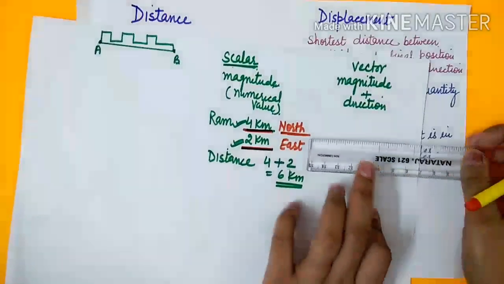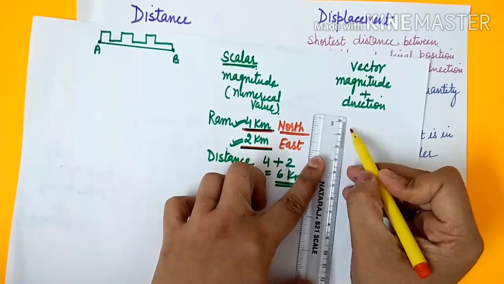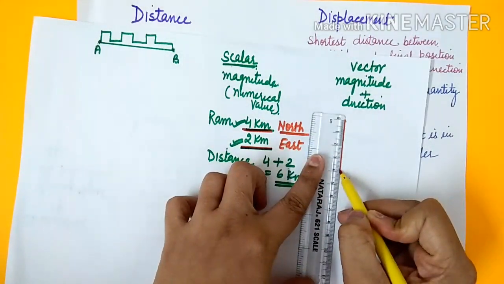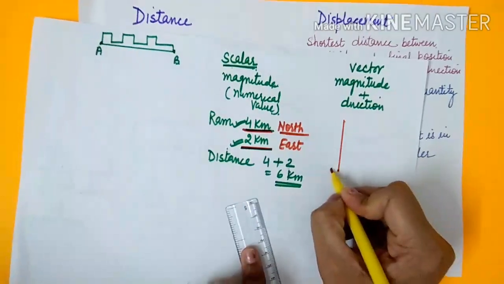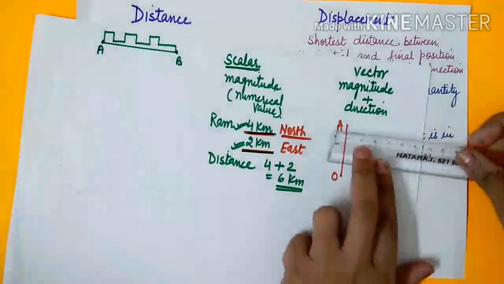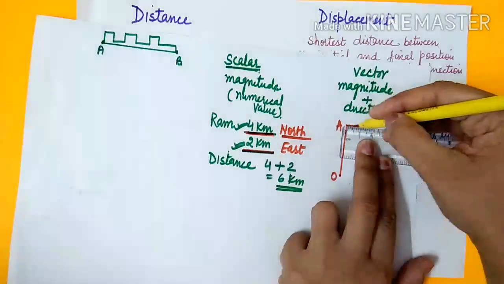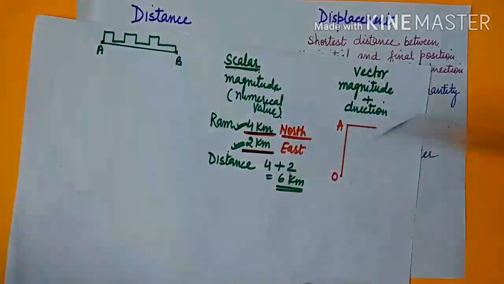Yes, you can. First you draw the path. Now you draw 4 kilometer in the north direction from this origin point. Clear? And in the east direction, draw 2 kilometer.